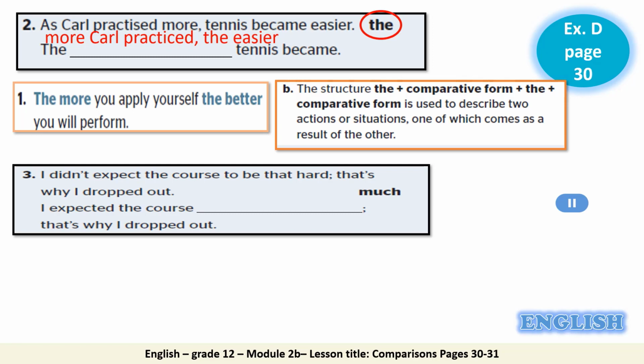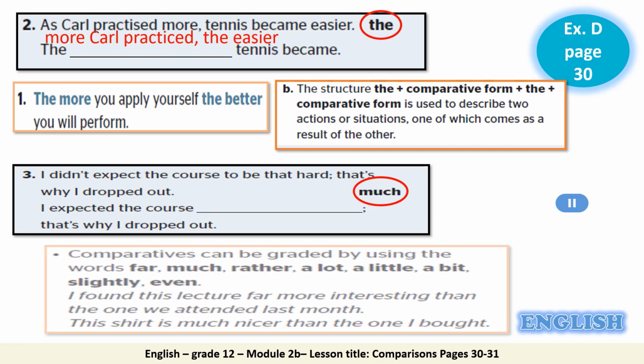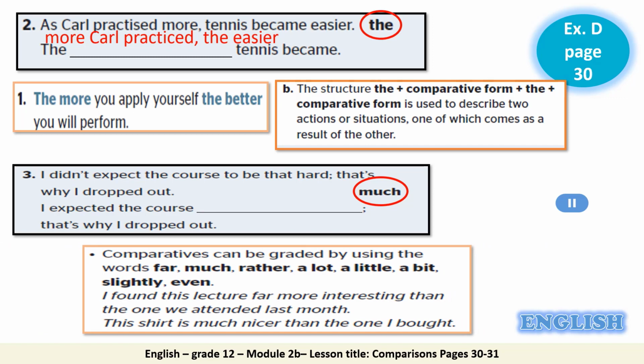Sentence 3 requires us to use the word match. And I'm sure you still remember this box. So, what can be the right answer? Excellent! I expected the course to be much easier. That's why I dropped out.